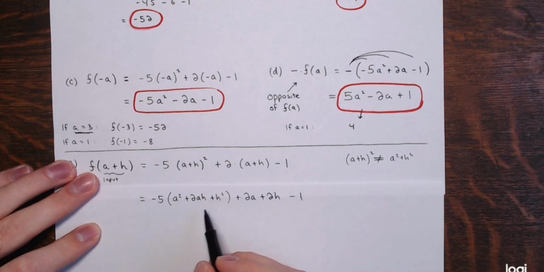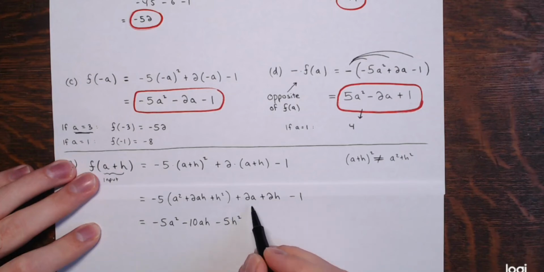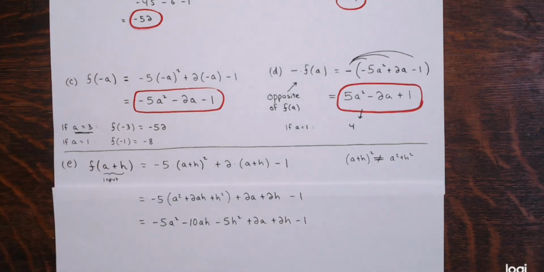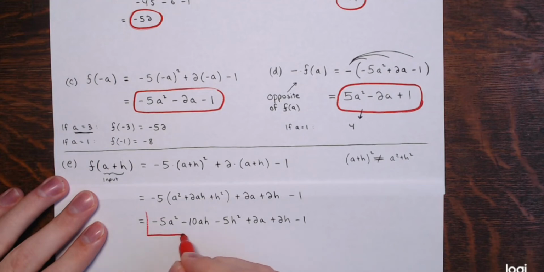And then after distributing the -5, you have the following. -5A squared minus 10AH, and then -5H squared, and then plus 2A plus 2H minus 1. And none of these terms go together. None of these terms are like terms, they don't have the same variables to the same powers, right? So that's it.